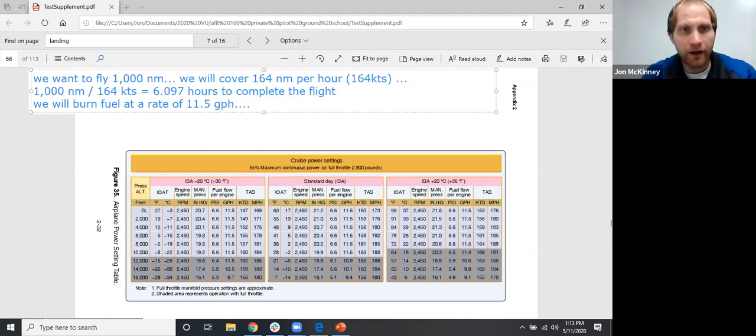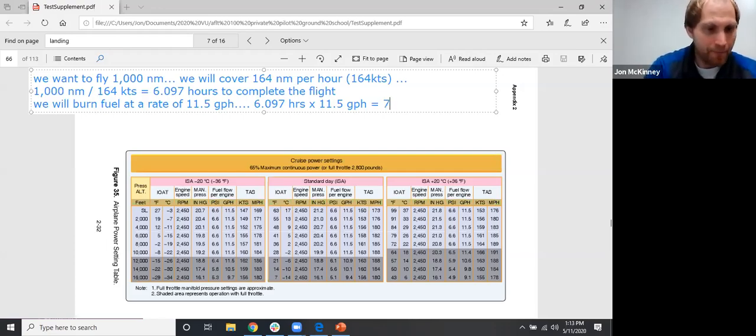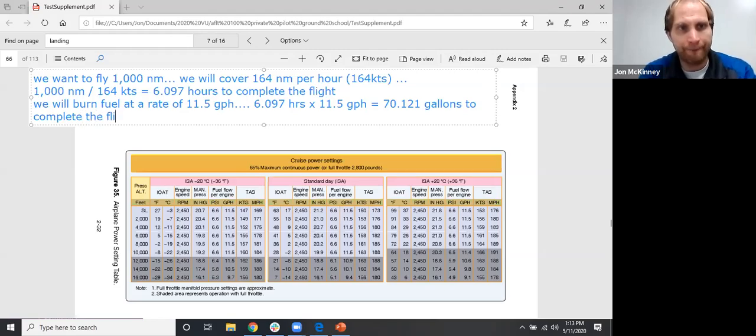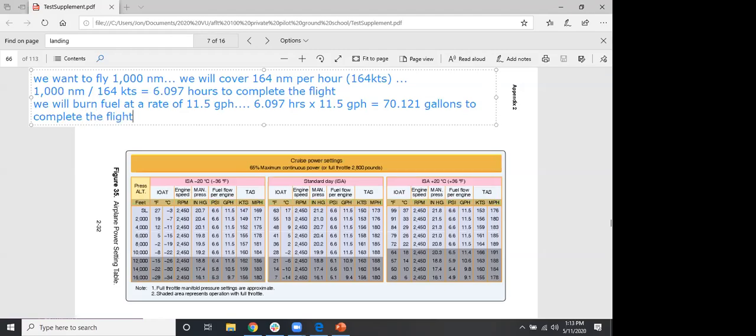So I'm at 6.097 hours times 11.5 gallons per hour equals, and I type that into my calculator, and I get 70.121 gallons to complete the flight. Okay, see, I think I might have bugged something in the calculator, because I did all of this, and I didn't get the right answer.